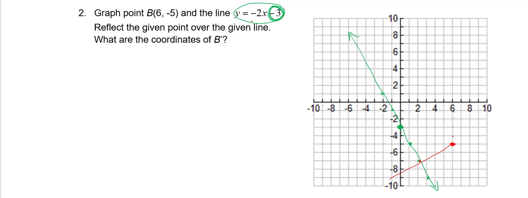The way I'm going to do that is to look at the slope of this line, which has a slope of -2. Remember, the red line has to be perpendicular, so its slope is going to be positive 1/2.